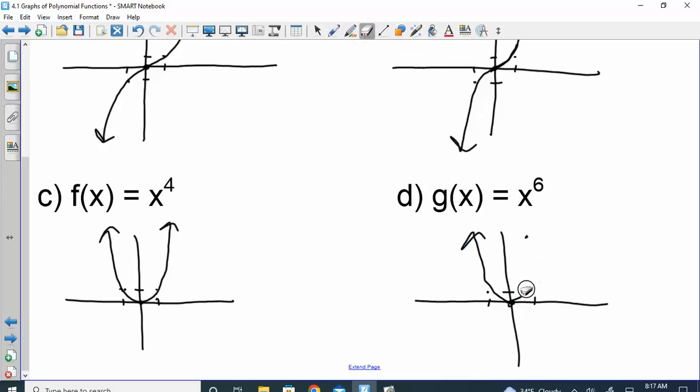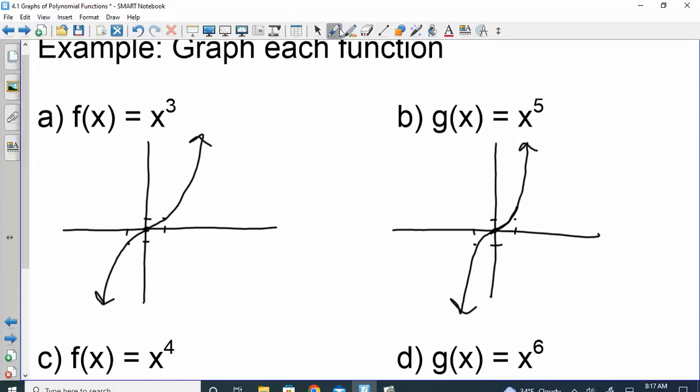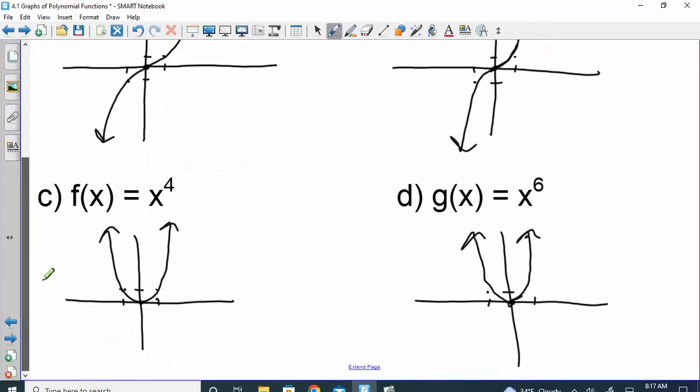Okay. So look at the ones that were the same. Tell me what they had in common. They're the same. Okay. These two both had odd exponents, and they end up looking like chairs. x squared, x to the fourth, x to the sixth, they all kind of look like a parabola, and all of those have an even exponent.